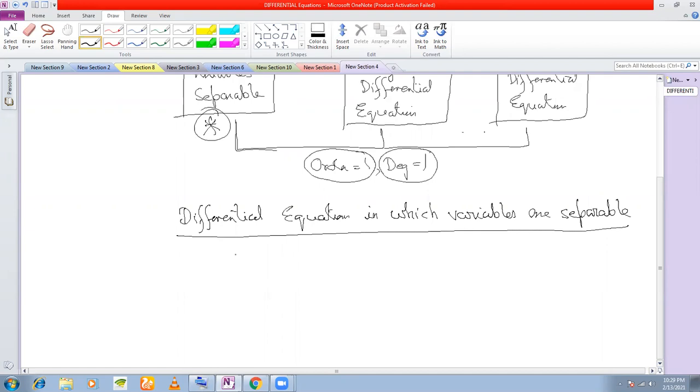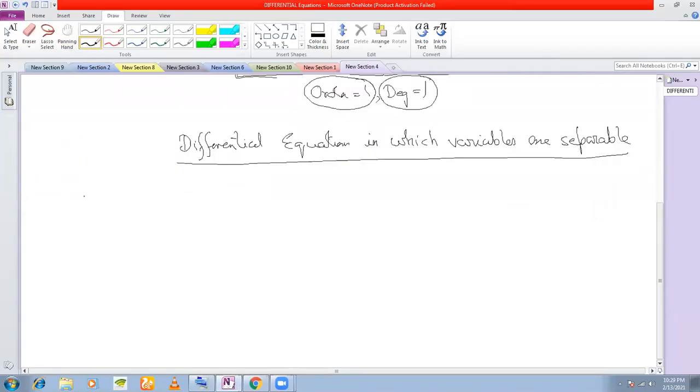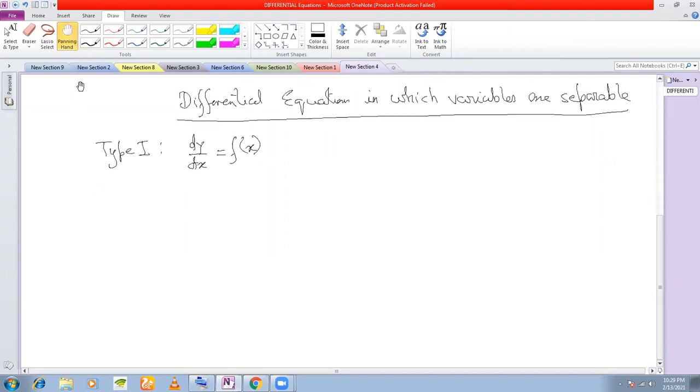Okay. So in this case, let me take examples. In this, you have the first type, type 1. When you get a differential equation of the type when dy dx is some function of x. How to solve such equations? Example 1.